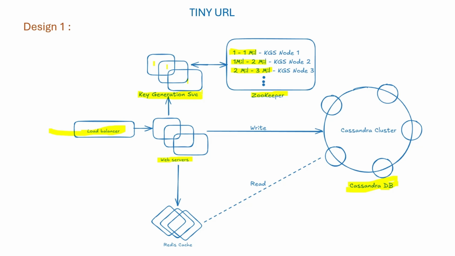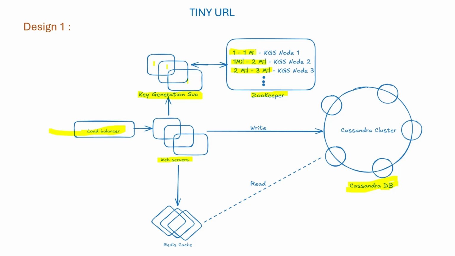At a stage, it will process all the 1 million numbers and generate 1 million unique base 62 short URLs. Once this is loaded into memory, whenever the web server requests a unique short URL, the key generation service would fetch it from its internal memory and share it with the web servers.